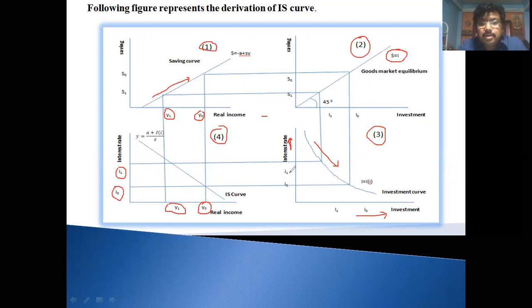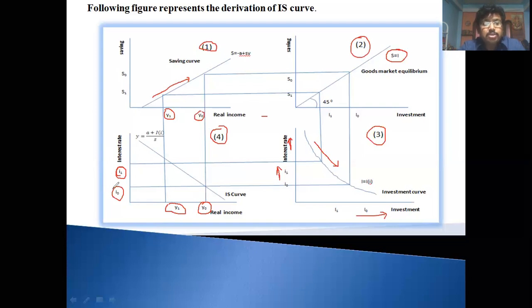From this we get this interest rate, and from this income we get this income. So this is the point of intersection.